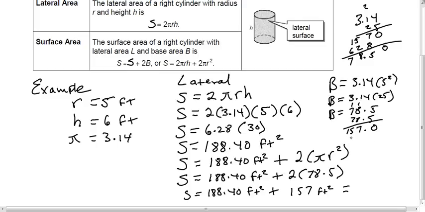Let's go ahead and add, and we get 345.40. So I have a total surface area of 345.40, and of course they are feet squared.